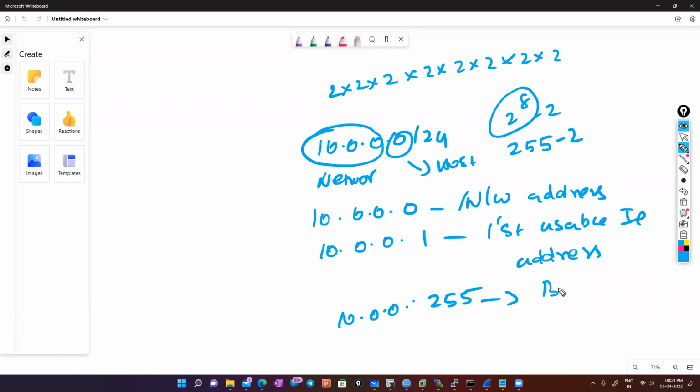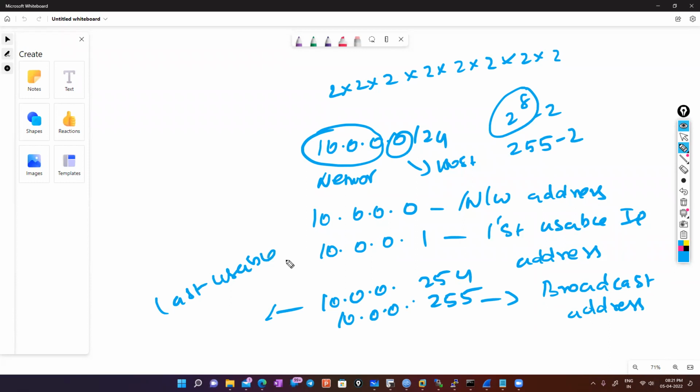This is my broadcast address. And what is my last usable IP address? 10.0.0.254, the last usable IP address. If you understood this, it is very simple. This is the first IP address in the network, this is the last IP address, this is my network address, and this is my broadcast address.